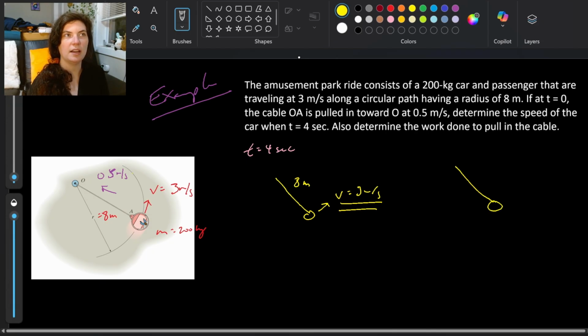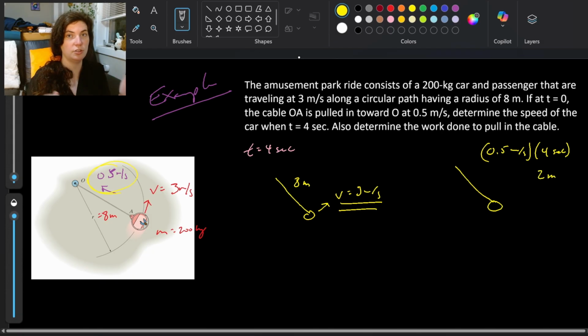So we know that because this thing is being reeled in, because they told us that cable is being pulled in at 0.5 meters per second, it's going to have a different length at that t equals 4 seconds. Since it's being pulled in by 0.5 meters per second, after 4 seconds it would have been pulled in by 2 meters.